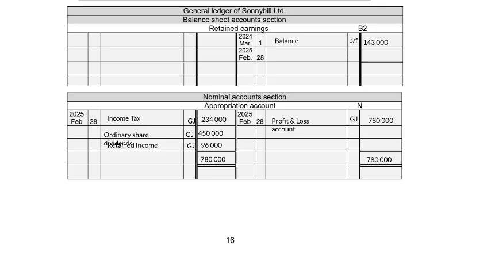So then you go to your retained income on the credit side. You will close it off to the appropriation account. Also general journal. 96,000.